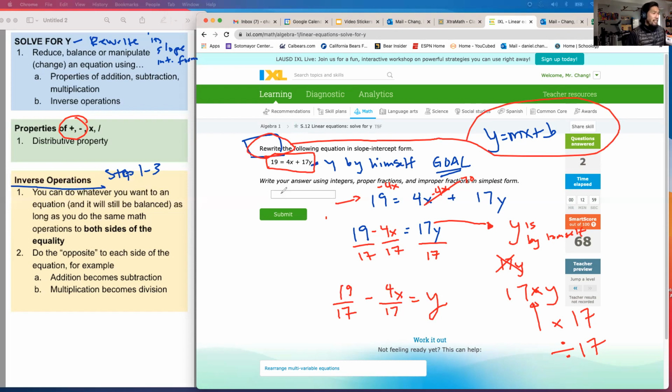That is kind of ugly. I'm going to put it in there. So 19/17 minus 4/17 x equals y.